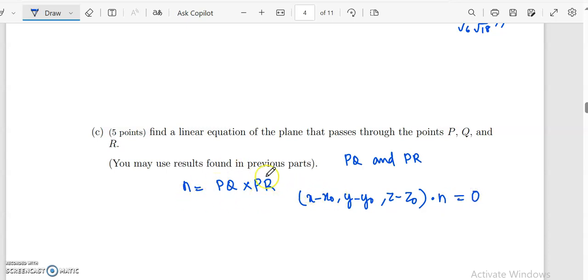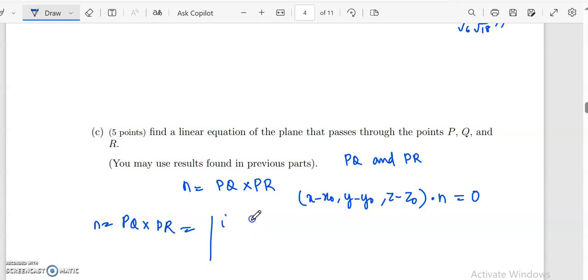So this N will be the normal vector to the plane. So this dot product will be equal to 0, and here x naught, y naught, z naught will be the coordinates of P. So let us first calculate N, which is PQ cross PR.